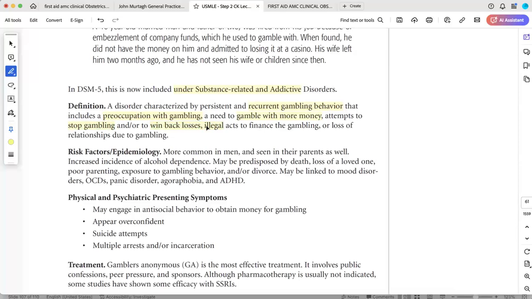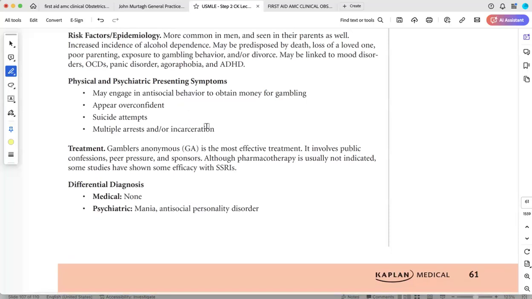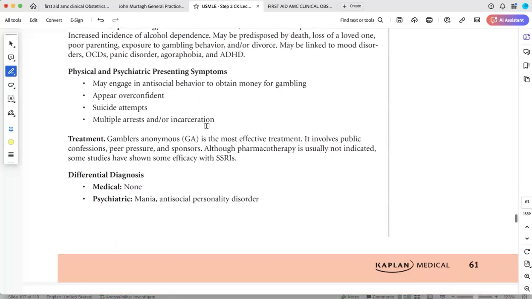Gambling disorder is a difficult disorder to treat. But the treatment, according to Australia, is that you can send them to Gamblers Anonymous, where they can talk to people who are also suffering from the same thing and get some help.